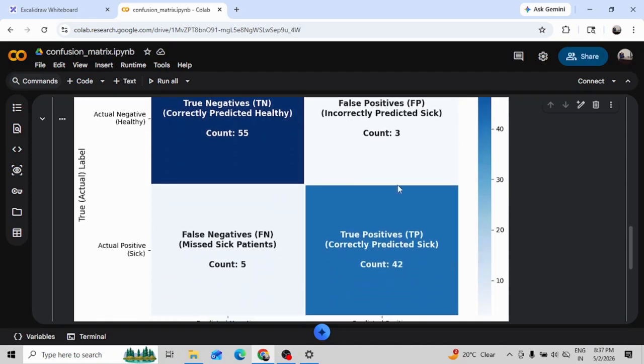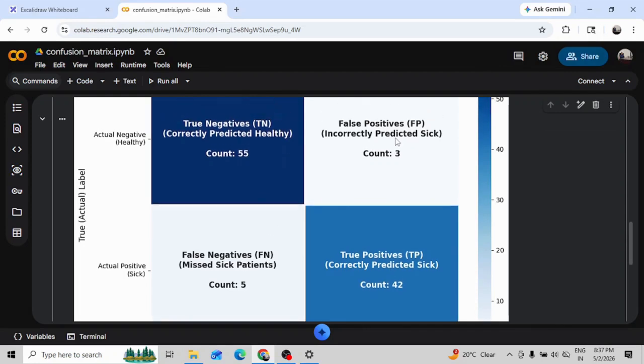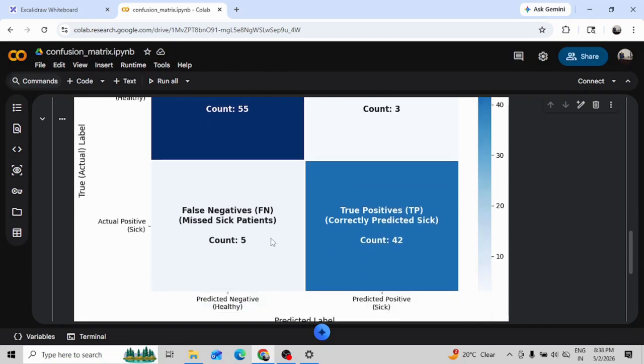Similarly, true positive means our machine correctly predicted that the patient is sick. But we also have to look at false positive and false negative, where the machine is failing and going wrong, and it may miss some sick patient. So this is important.